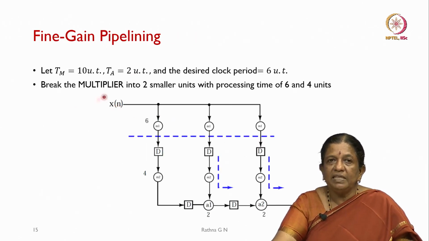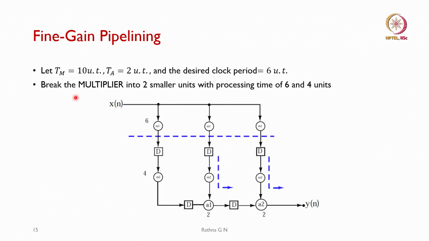Now, all of us know that a multiplier is going to take longer time compared to an adder. So, as an example, we call this fine grain pipelining. So, let Tm be equal to 10 unit time, and the adder takes 2 unit time, and the desired clock period is 6 unit of time.